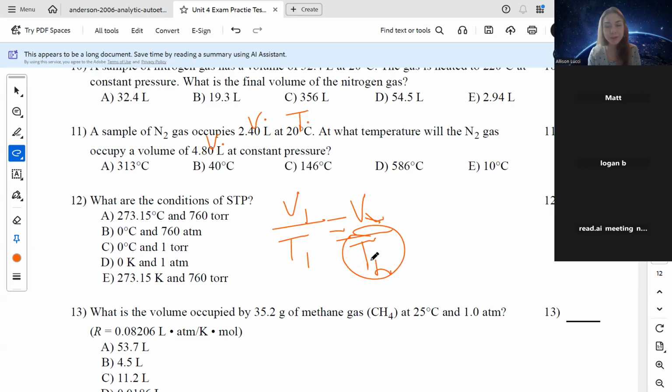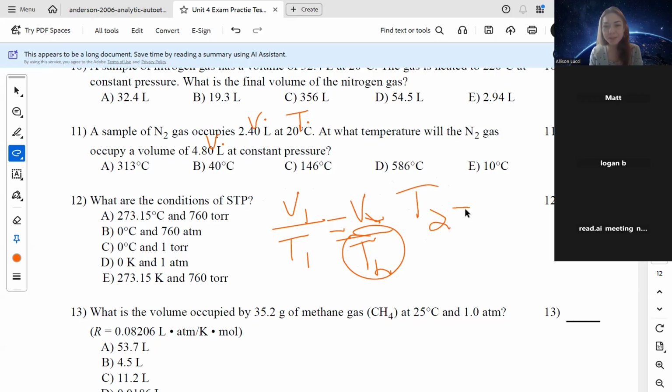We can rearrange this equation to get T2 by itself. We could either flip this and put T2 on top, or we can just multiply and divide until we get T2 by itself.